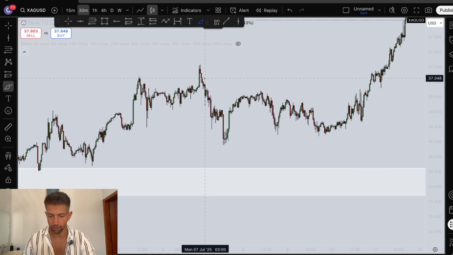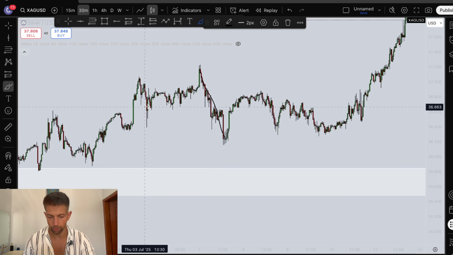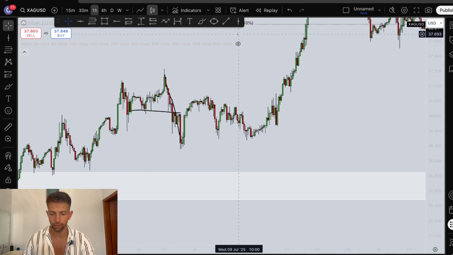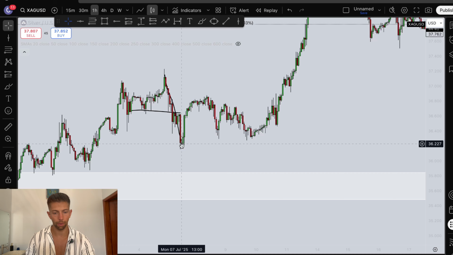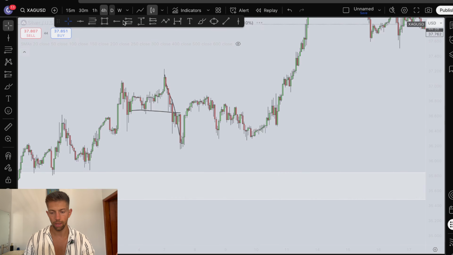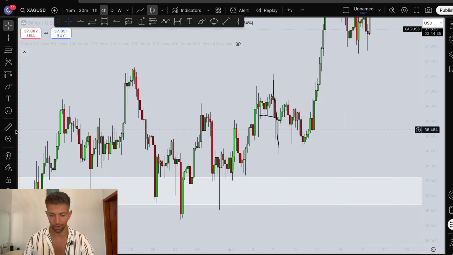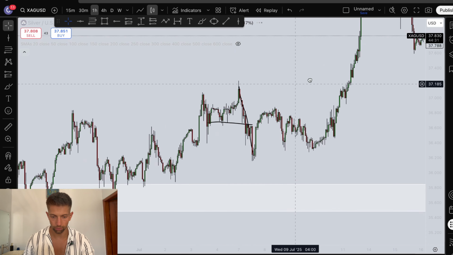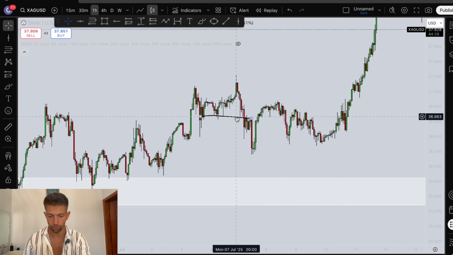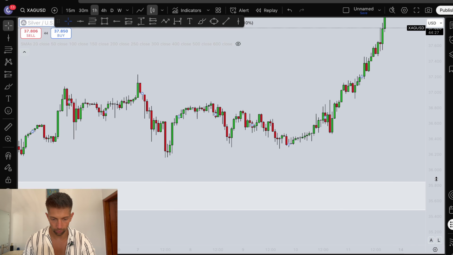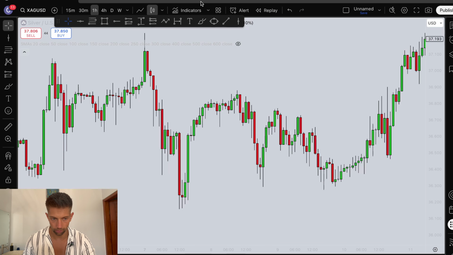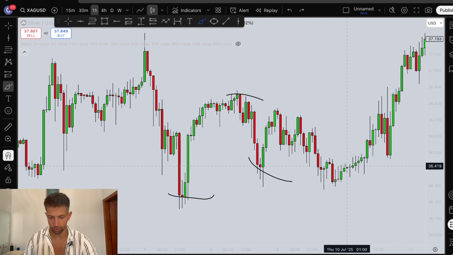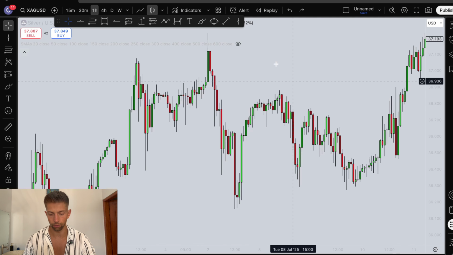Because as I said, the market was trending down on this M30 or this H1 time frame, but you don't want to get affected by it, so you want to zoom out, and on higher time frames you see we are in a clear bullish trend. You don't want to be zoomed in like this on the H1 time frame and see, oh, the market is creating lower lows and lower highs and this downtrend structure.